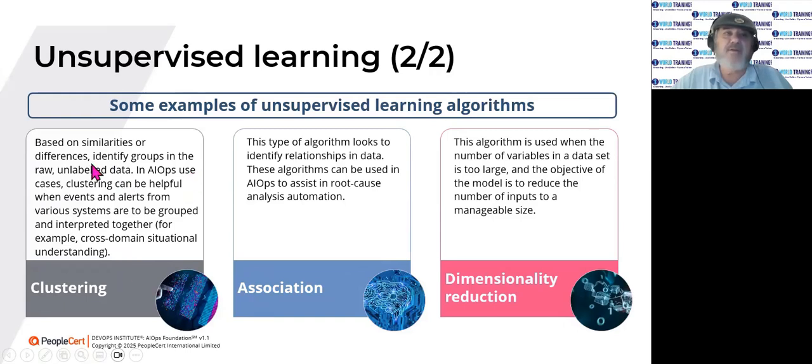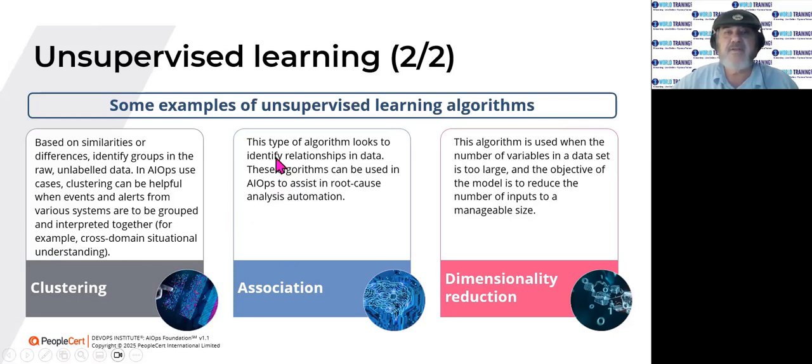So what about clustering? Based on similarities or differences in the data, it identifies groups in the raw unlabeled data. In AIOps use cases, clustering can be helpful when events and alerts from various systems are to be grouped and interpreted together, for example, cross-domain situation understanding.